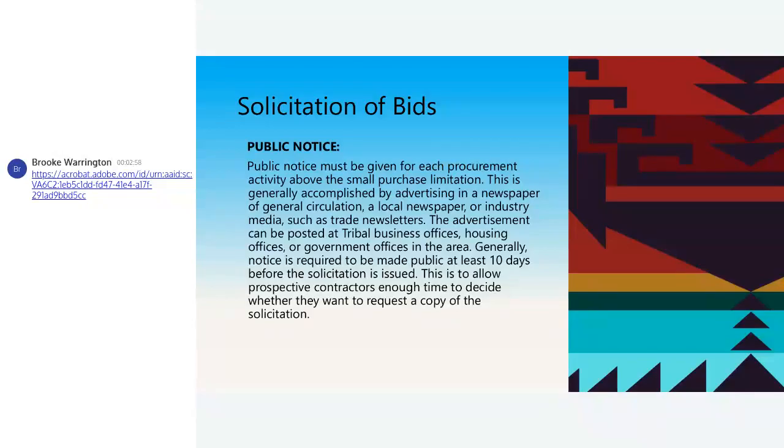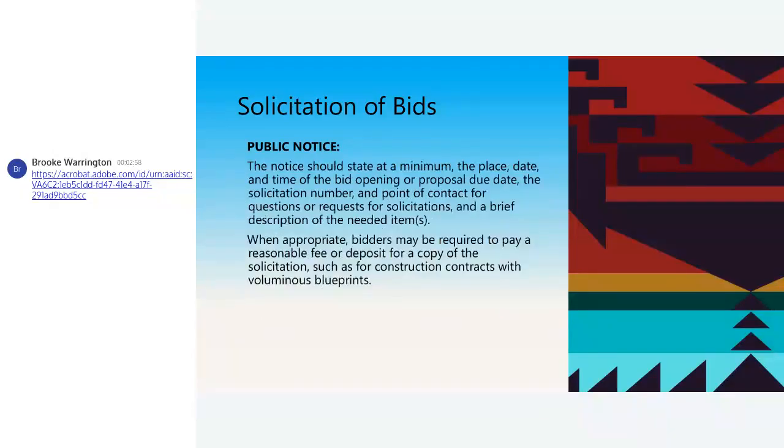The Bay Mills Housing Authority will be taking bids on the construction of a 100-unit project, 3 to 4 bedroom units, roughly this in size. Solicitations will be, and you give the information. It should state at the minimum the place, the date, and the time of your bid opening or proposed due date.